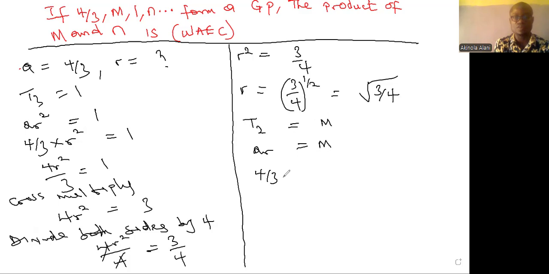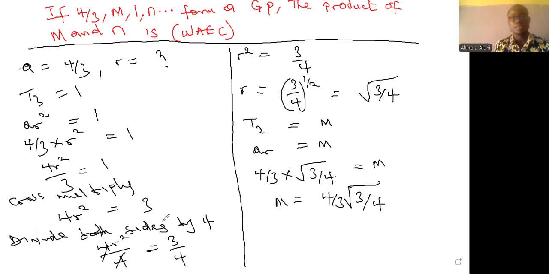So I'm going to have 4 over 3 multiplied by square root of 3 over 4, which is my R. So this is equals to m. So my m is equals to 4 over 3 into the square root of 3 over 4. Now, let's find my n as well.